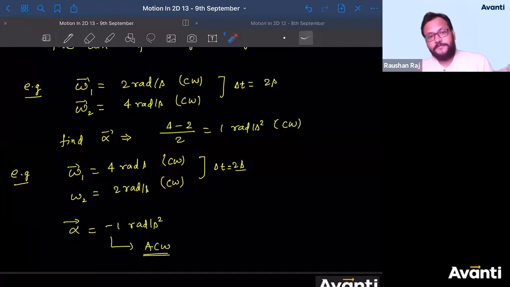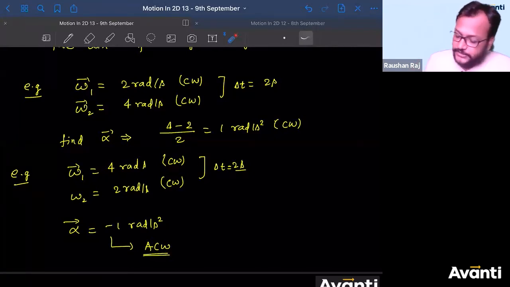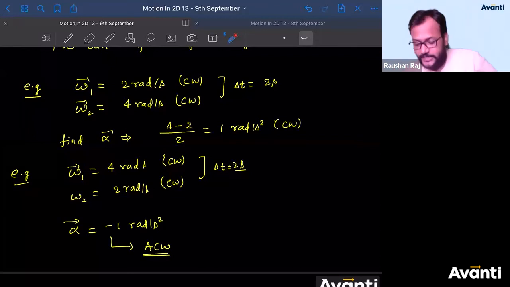If the signs of angular velocity and angular acceleration are different, what will you conclude out of this? You will say angular speed will decrease. All right, bachcha log, try to have some other examples also. You'll get the same similarity here also. All right guys, I'm not writing that particular notes here because you already know that part. ठीक है, चलिए. So ये हो गया angular acceleration की कहानी.